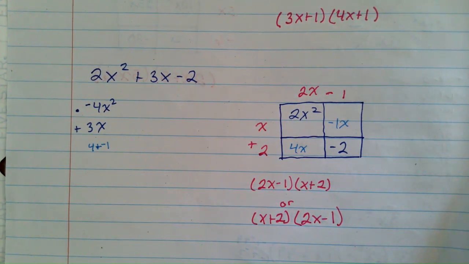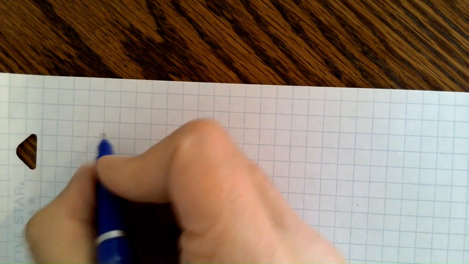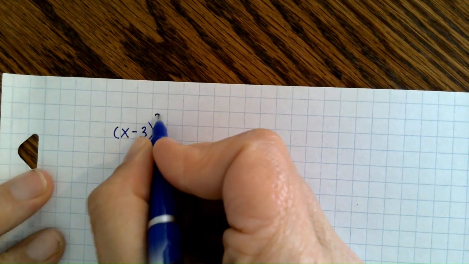Okay. You will come across occasionally at this point the sum and difference of two cubes. And I'm actually going to use grid paper to go ahead and show this one. So first of all, we're going to look at what happens when I have x minus 3 cubed.